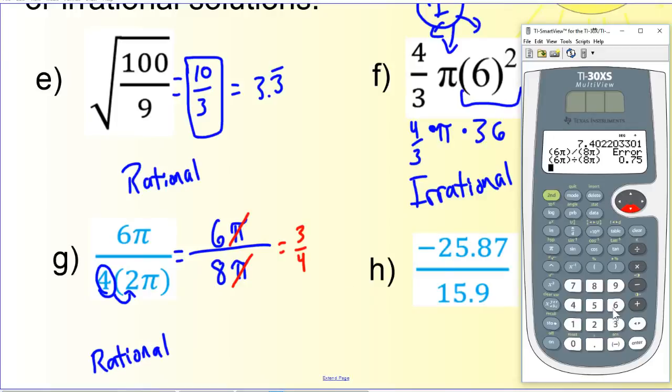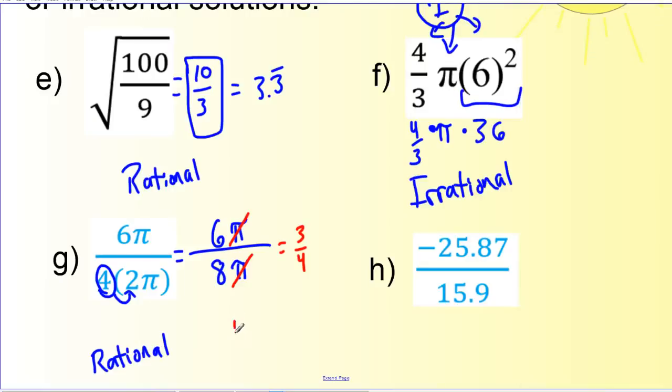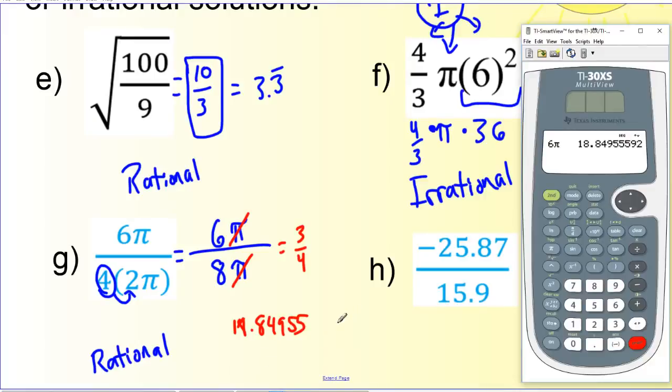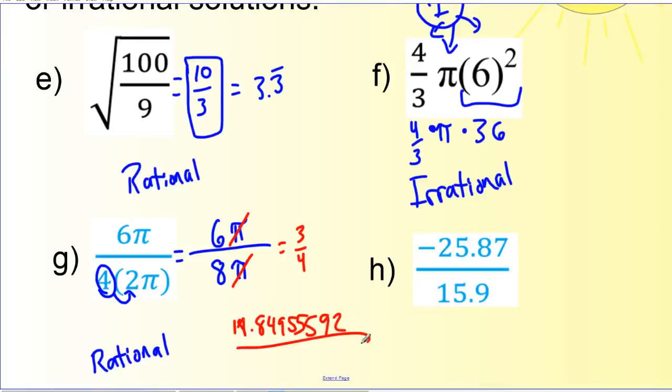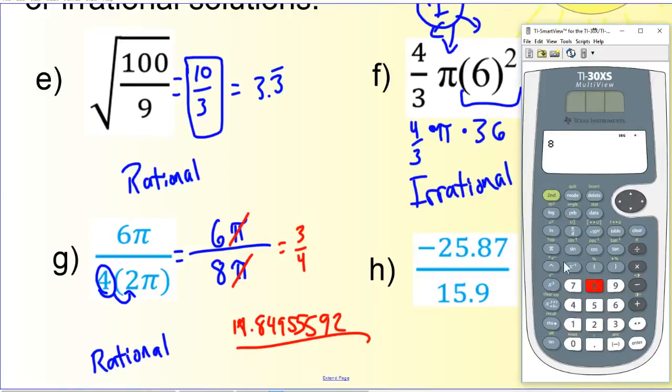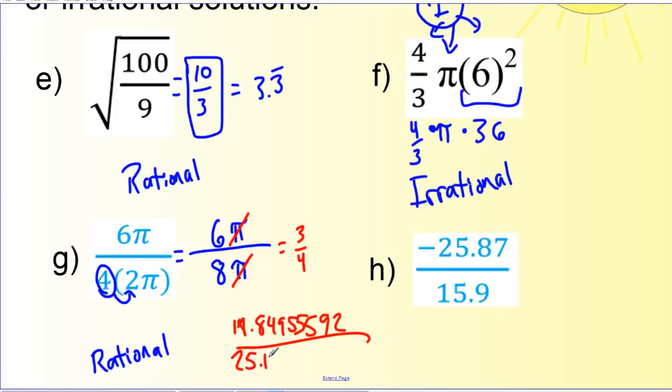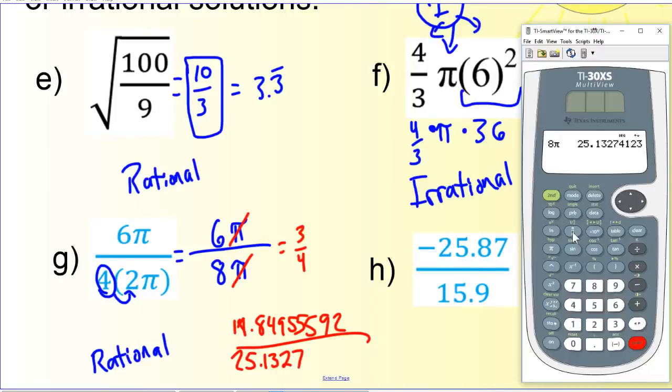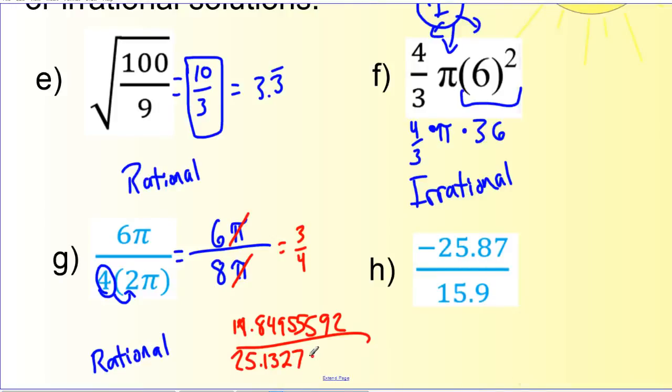If you would take, say, 6 pi, here, let me clear all this other junk out, 6 pi equals, maybe write that down, 18.84955592. Over, clear, 8 pi equals 25.13274123.